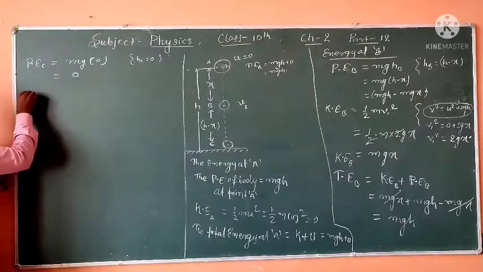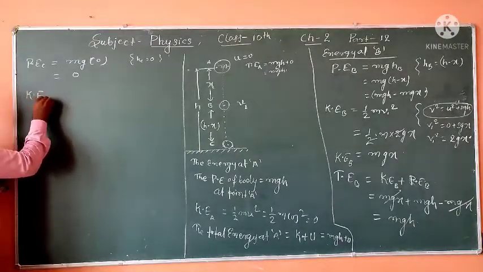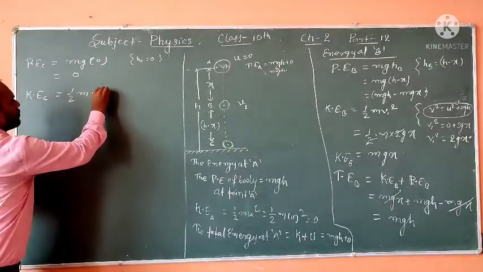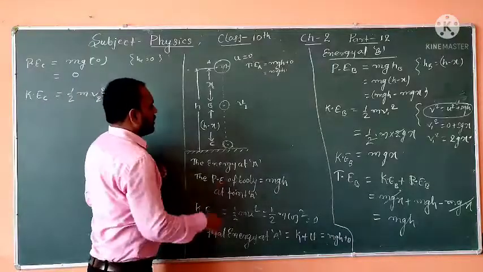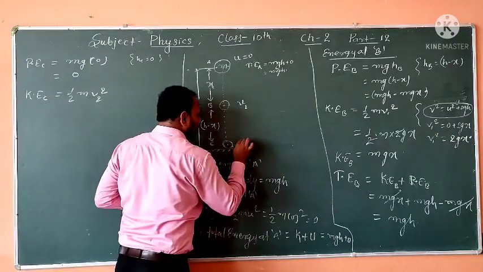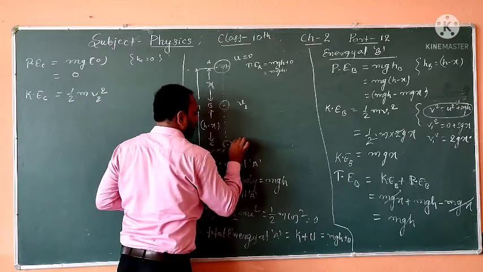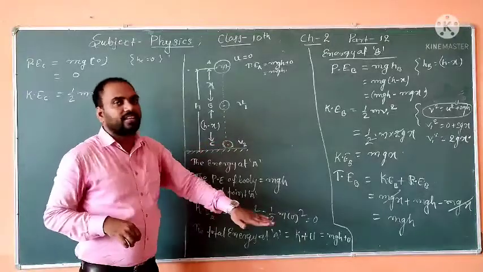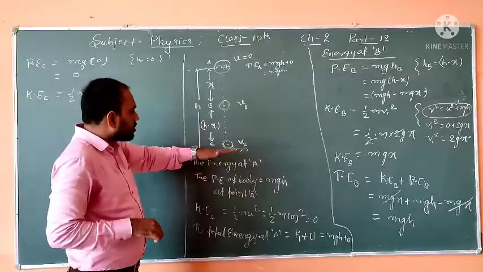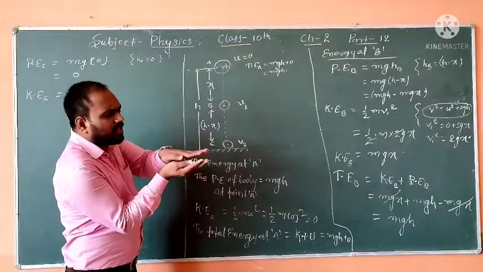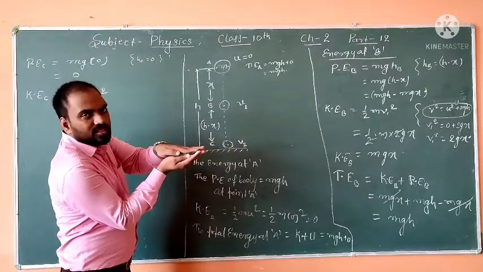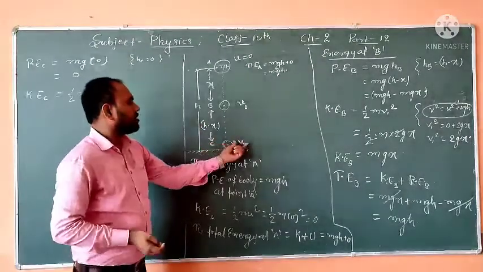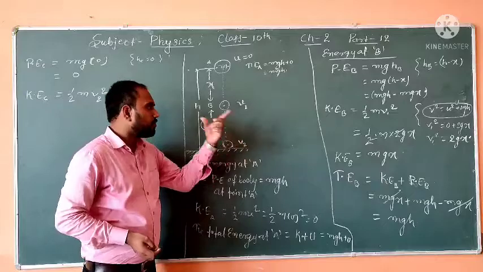Now come to kinetic energy. Kinetic energy at C will be half mv square. Let's say v2 square. Let's suppose that before striking the ground, just near it, slightly in contact, the velocity of the object will be v2.